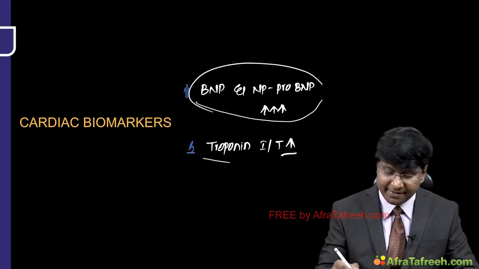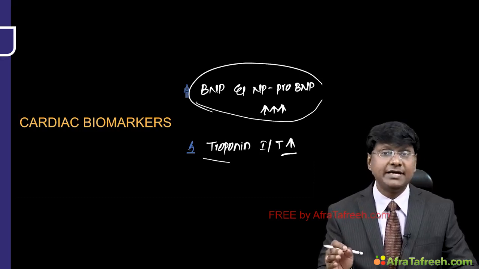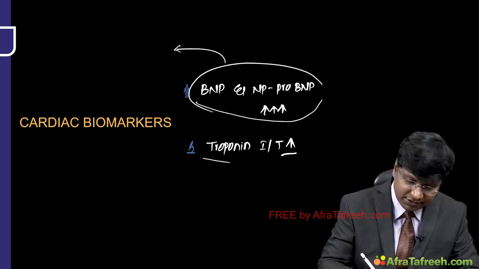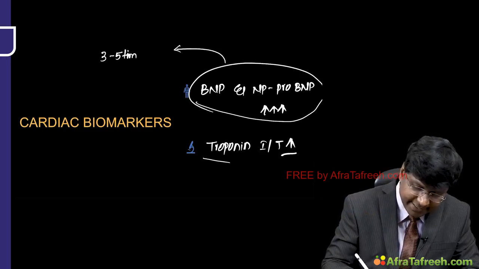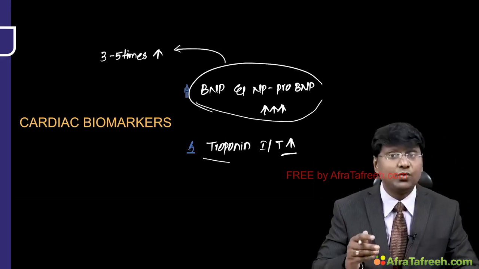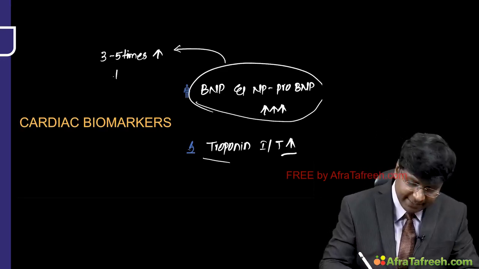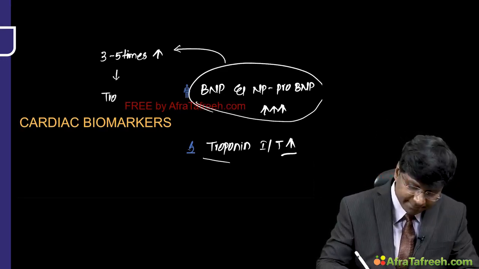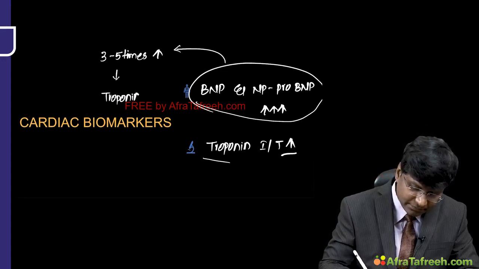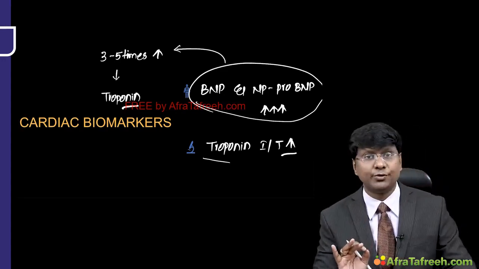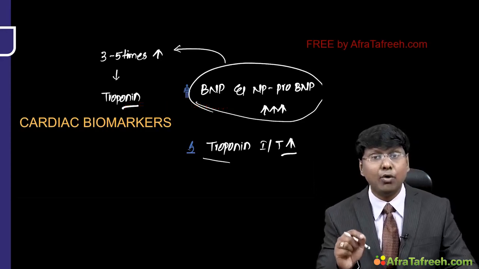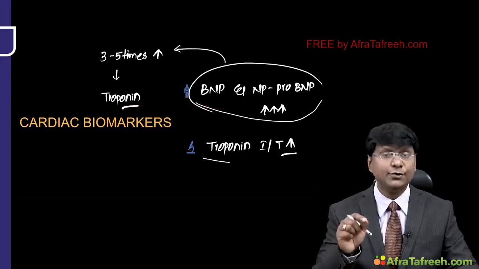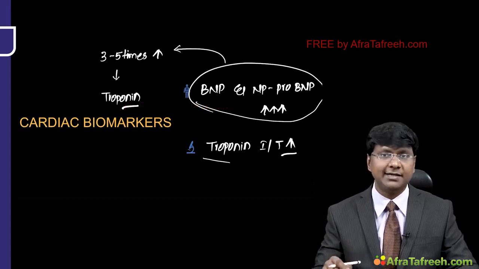Now this BNP and NT-proBNP may be increased almost 3 to 5 times compared to the troponin, right? And this BNP and NT-proBNP are considered more useful diagnostic biomarkers for Takotsubo cardiomyopathy rather than the troponins.